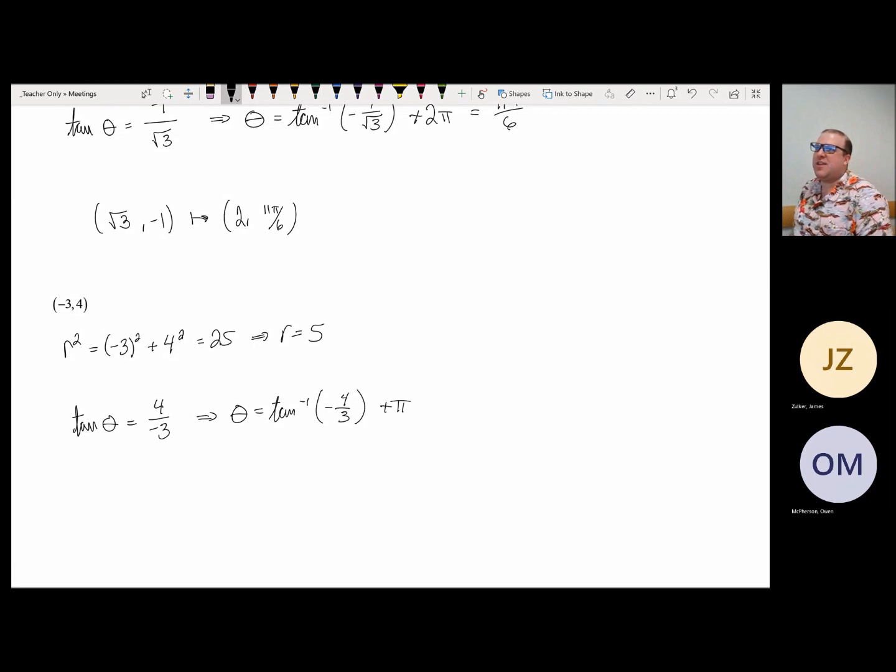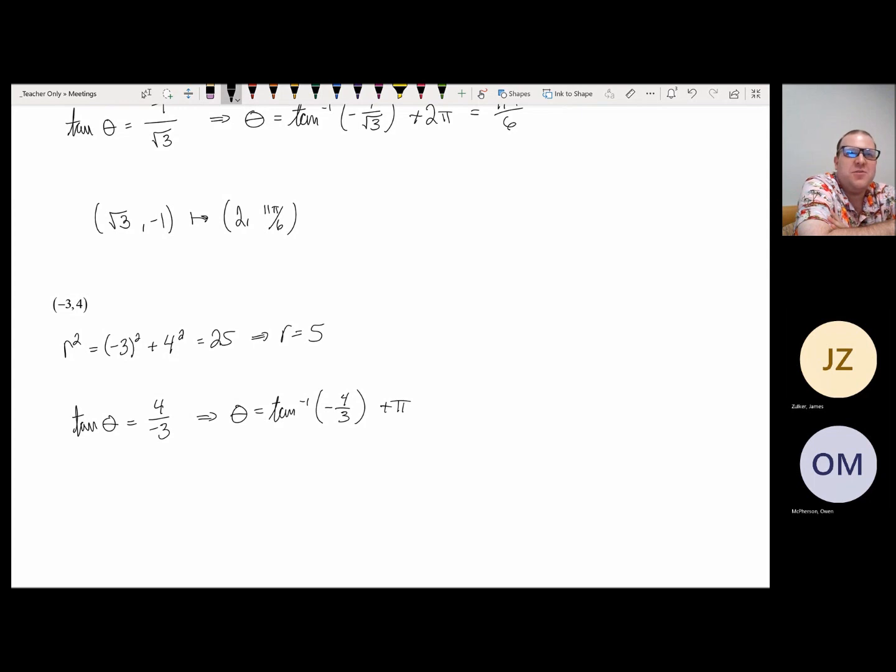What is the inverse tangent of -4/3? It's a trick question.